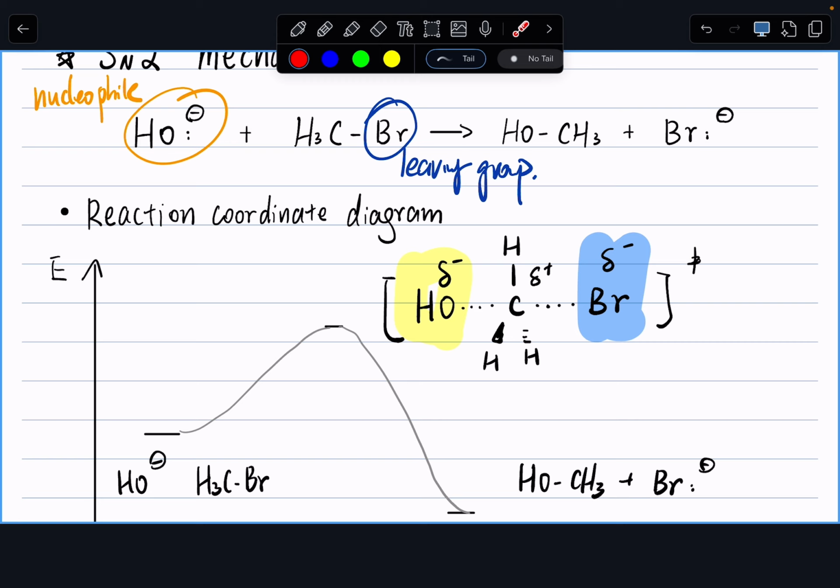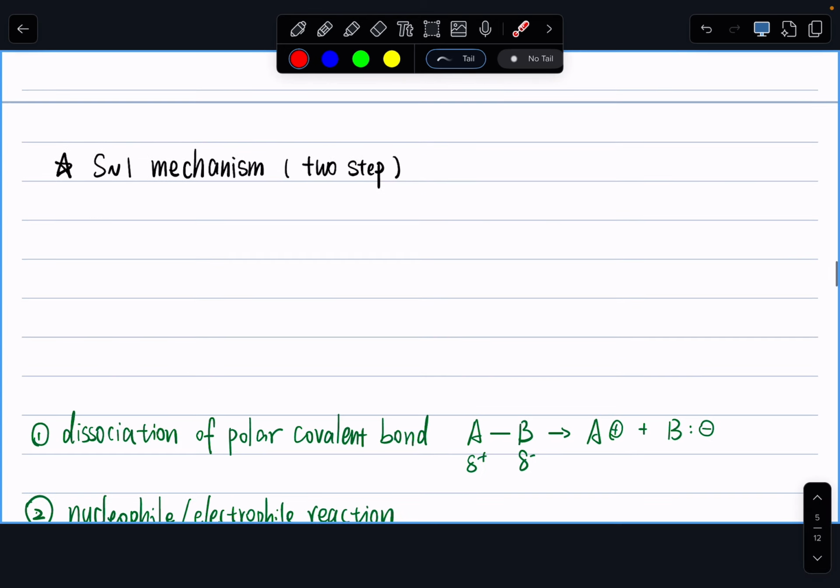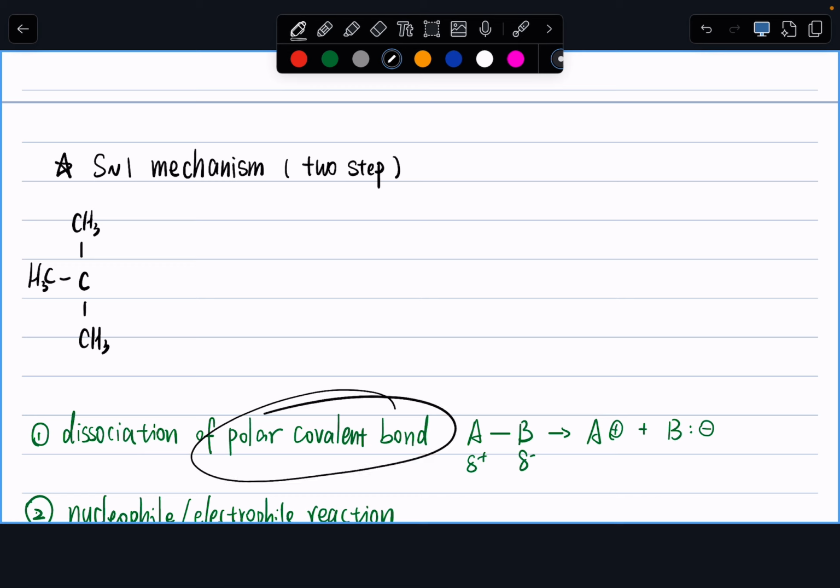All right, so that's the SN2 reaction mechanism. Alternatively, this nucleophilic substitution reaction undergoes the SN1 reaction mechanism. And in the SN1 reaction mechanism, it's a stepwise process. So if we draw it out, we're looking at a process of, first, the dissociation of a polar covalent bond.